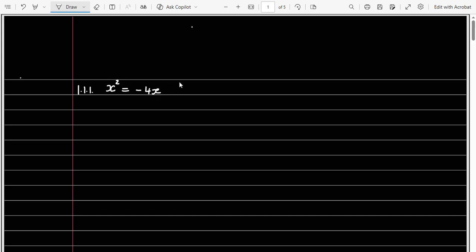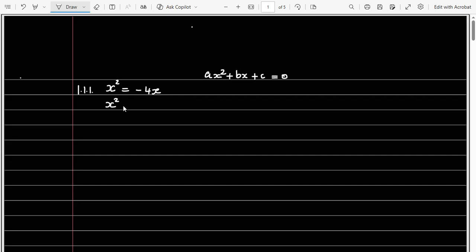If you still remember the standard form of a quadratic equation, it should be in the form of ax squared plus bx plus c, equal to 0. So we need to equate everything to 0, meaning that we need to move the 4x to the other side and it will change the sign.